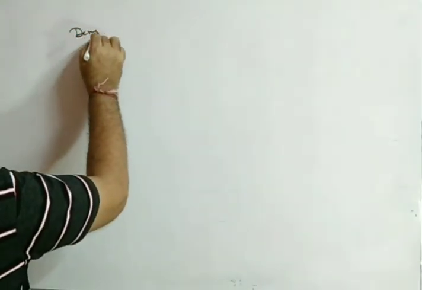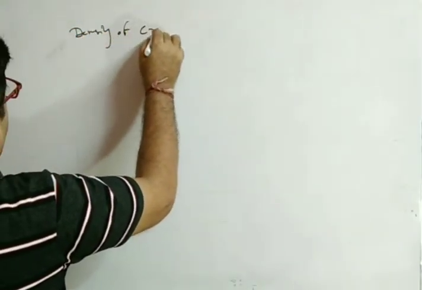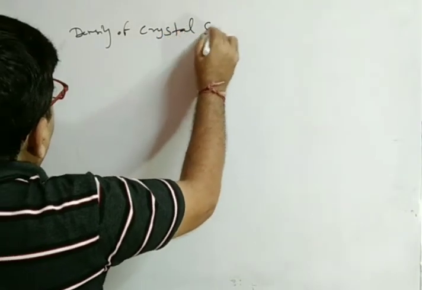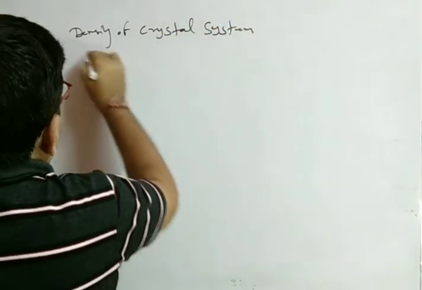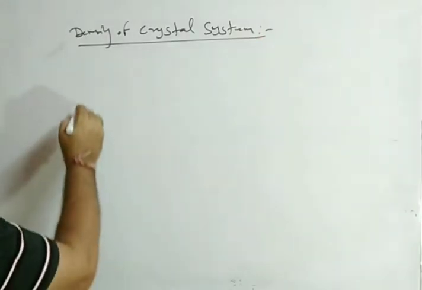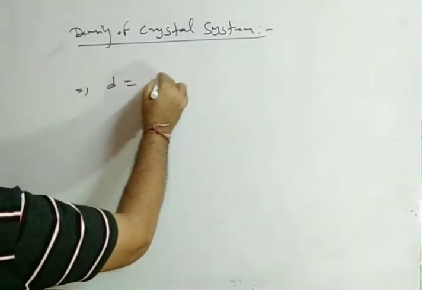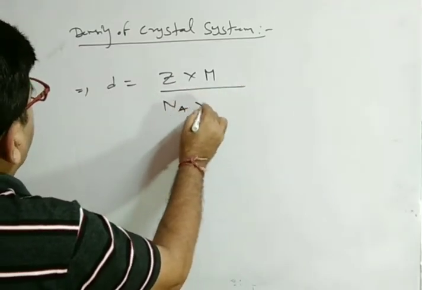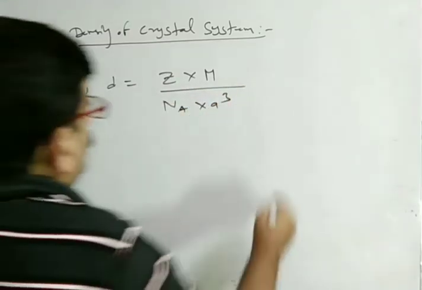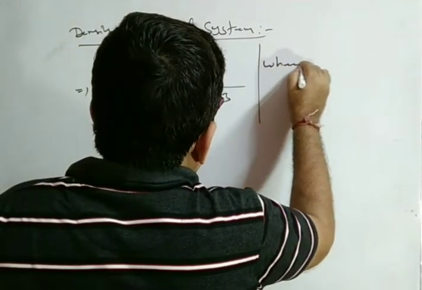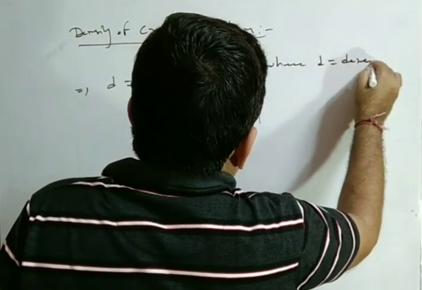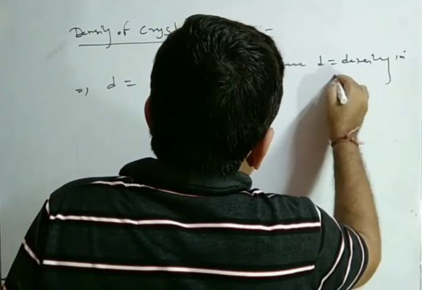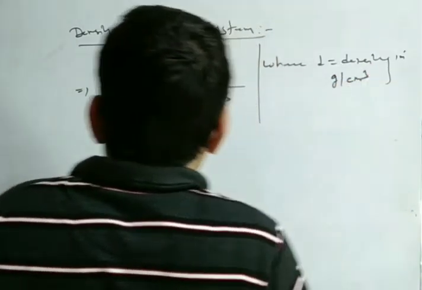Next, the density of crystal system. This formula is applicable. D is equal to Z into M upon A into a cube, where D is equal to density in gram per centimeter cube.